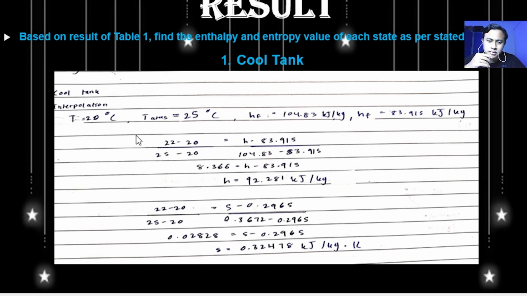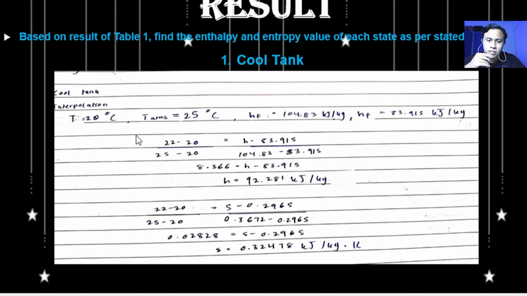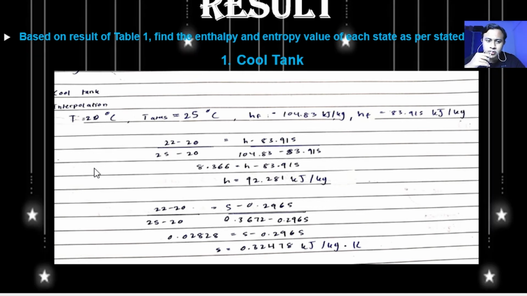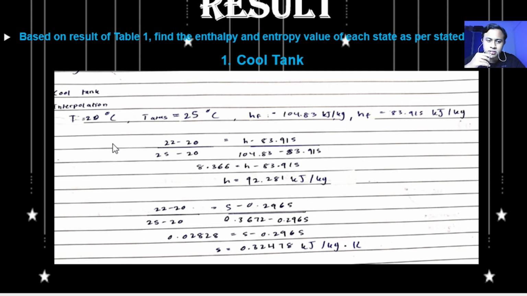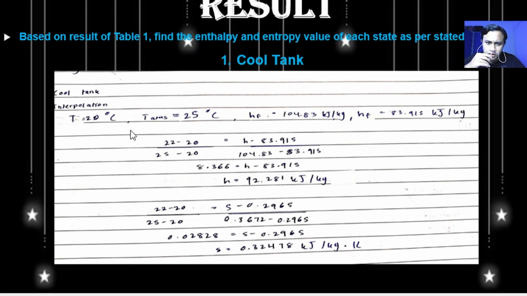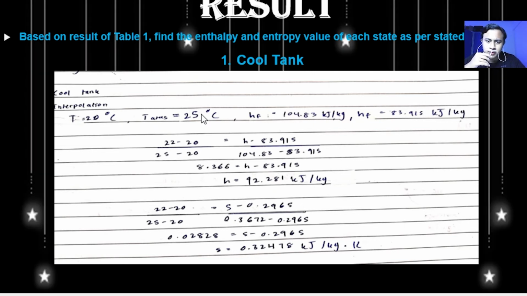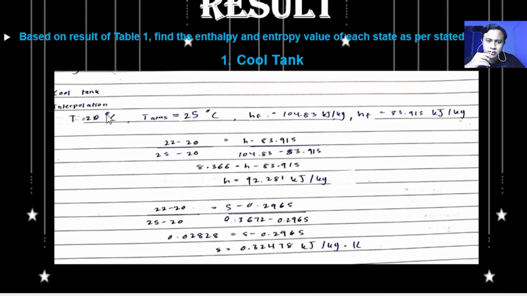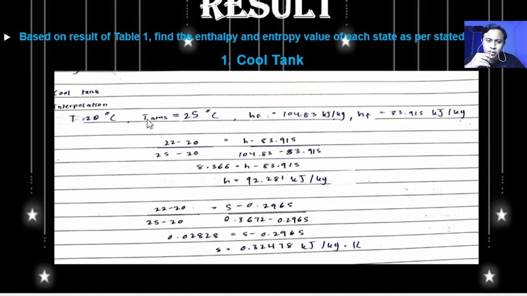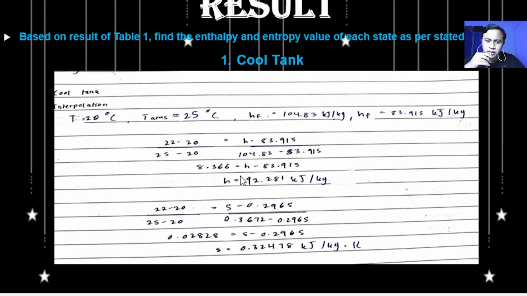For this, we refer to the saturated water temperature table. In the table, 22 degrees does not exist, so we need to do interpolation because it is between 20 degrees Celsius and 25 degrees Celsius. So we take the values and do the interpolation.